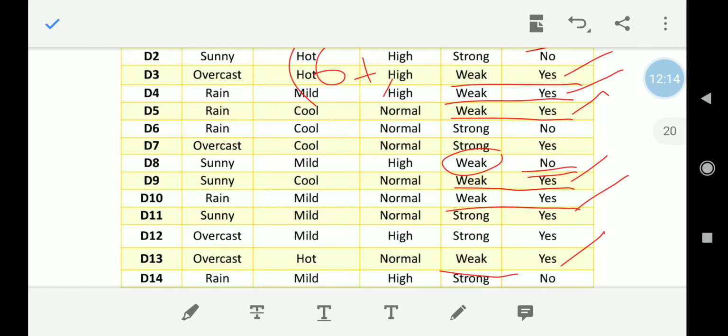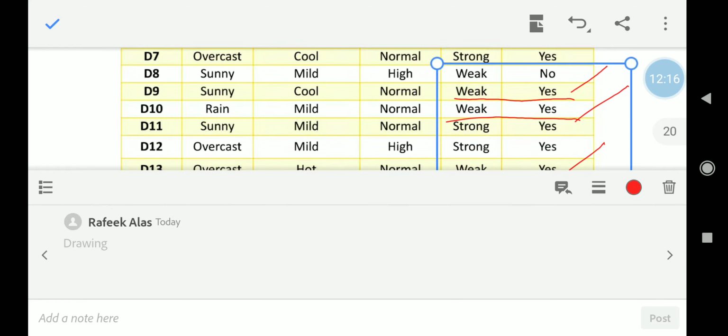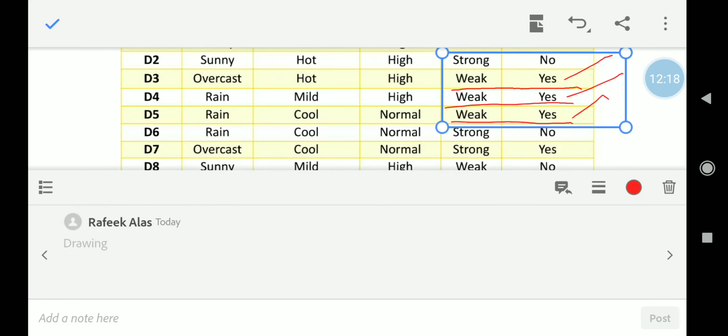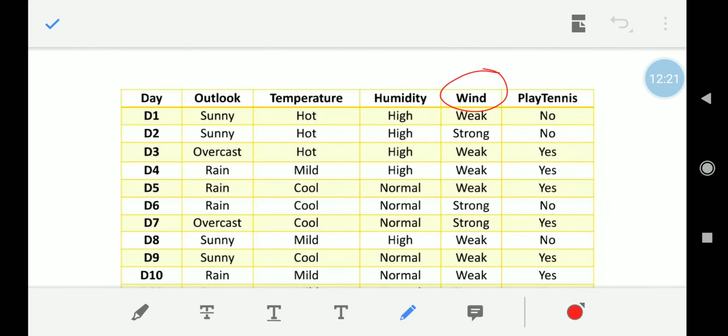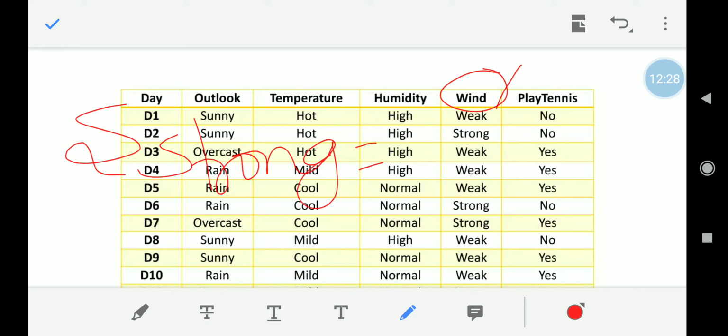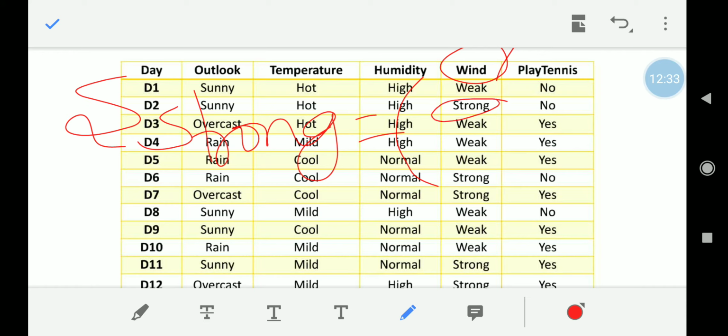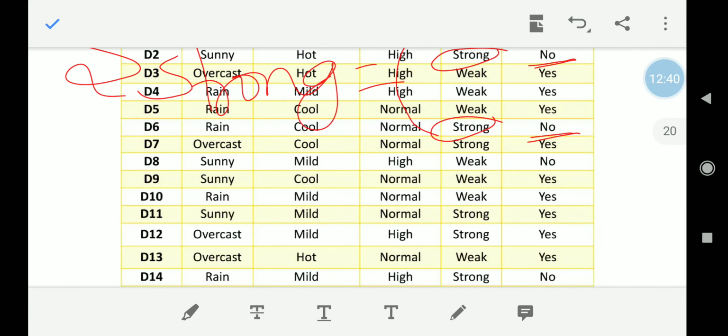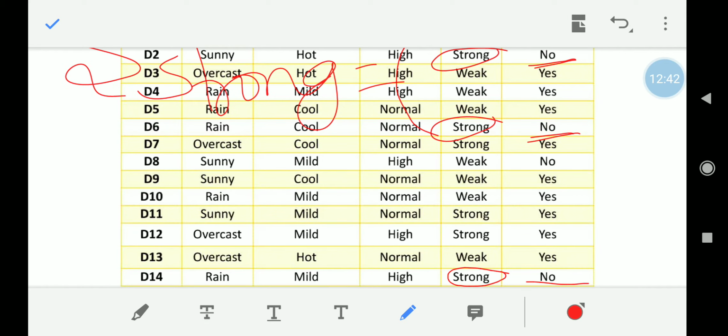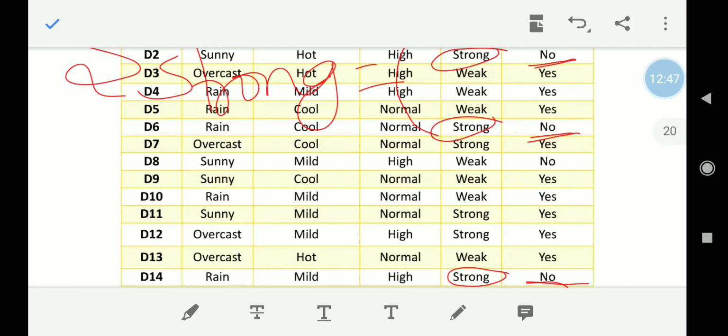We will see for strong also. For the attribute wind, value strong, how many yes are there? Let's check. See, strong here it is no. Again strong, no. Then strong and no. You have 3 no for strong.